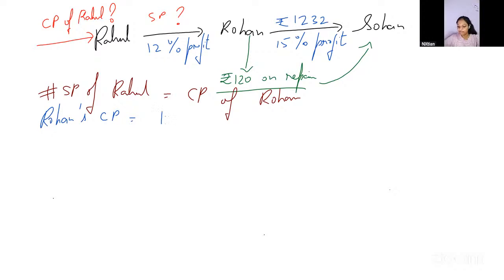The formula is 100 divided by 100 plus 15, multiplied by selling price. What is the selling price? 1232.